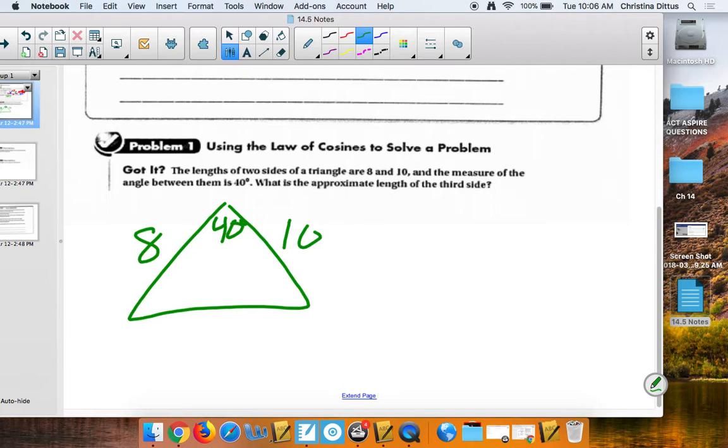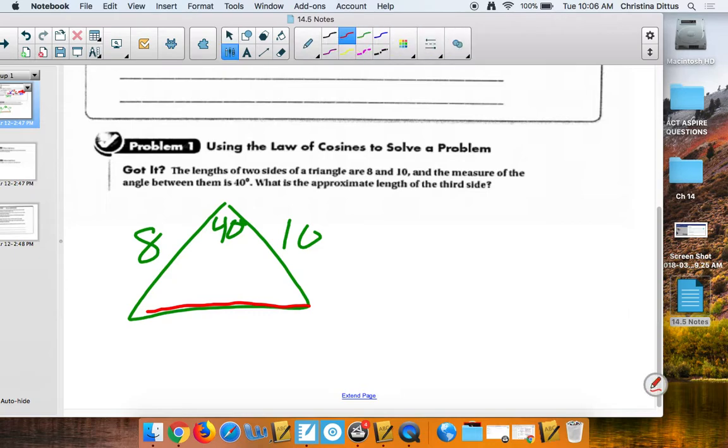It says I want the approximate length of the third side. Is that side across from my angle? Good. That's good news. More good news. Literally all we're doing is plugging stuff in. Yay! We love plugging stuff in and using formulas.